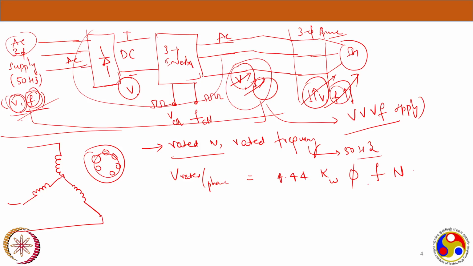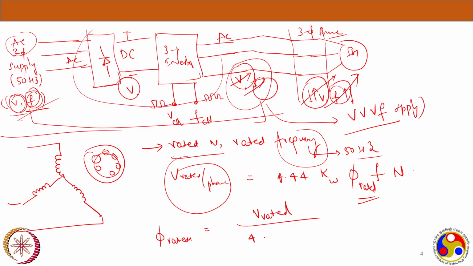Now, based on this V rated and also frequency, we can calculate the rated flux, right? So what is the formula for rated flux? It is V rated divided by 4.44 k_w f and N1.